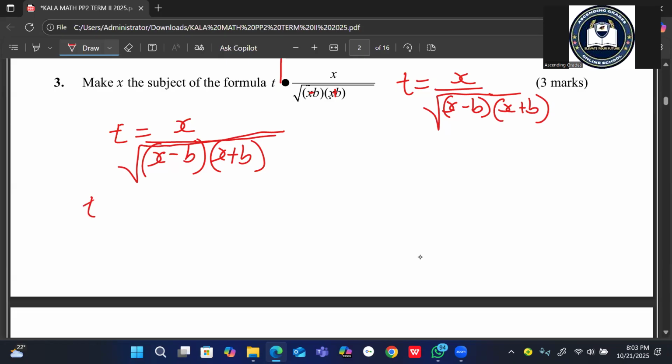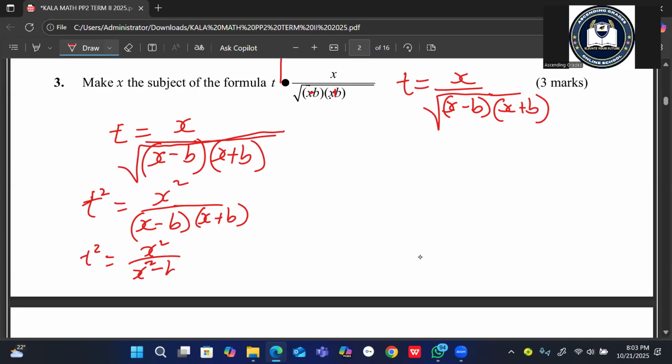So this one becomes t squared is equal to x squared out of x minus b multiplied by x plus b. So this is the same as t squared is equal to x squared out of x squared minus b squared when you open these brackets. So from there you can multiply both sides by x squared minus b squared.